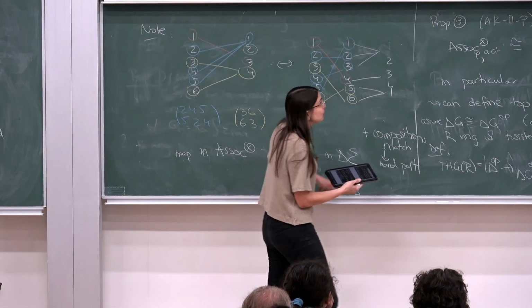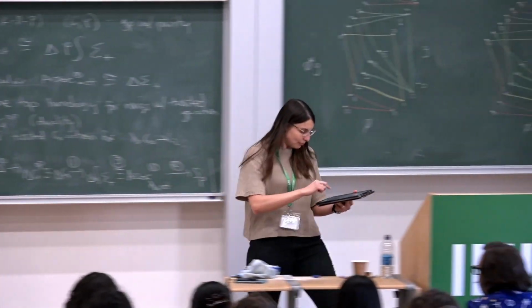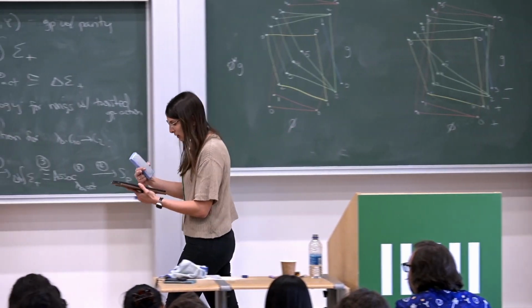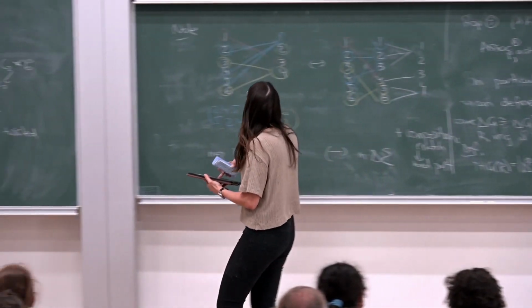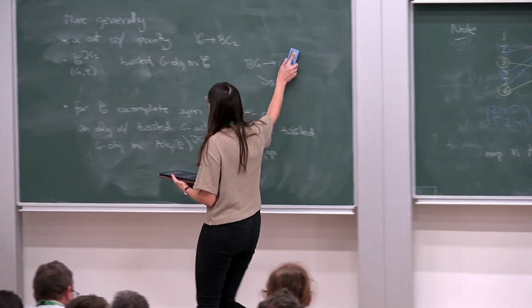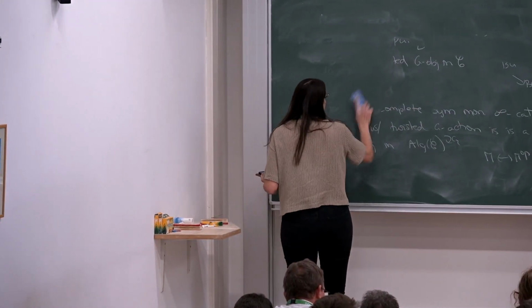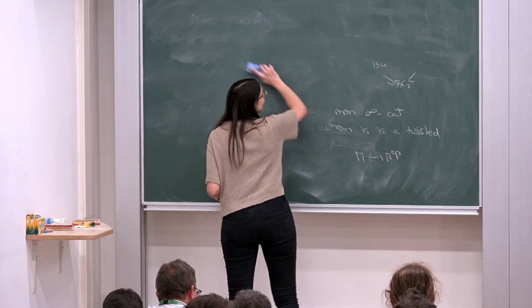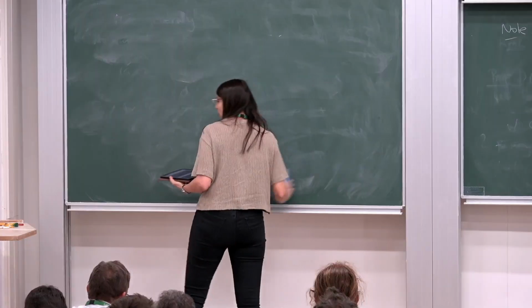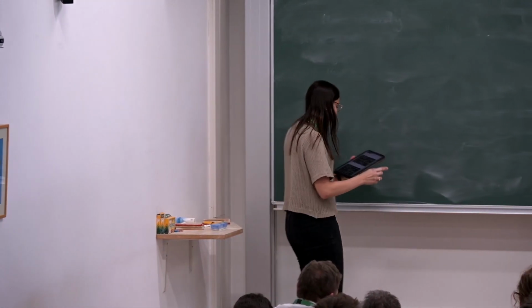Okay, so in the remaining time, let me tell you some final conclusions, and let's start with some examples. In the last 5 minutes, let me just mention the examples and tell you one theorem that we can prove about this new construction.